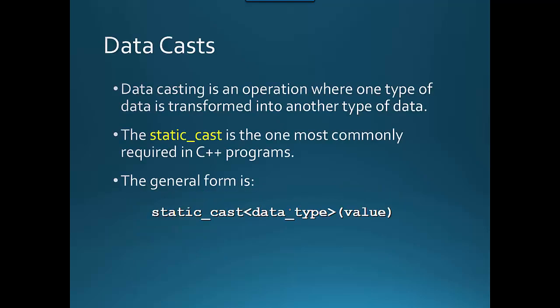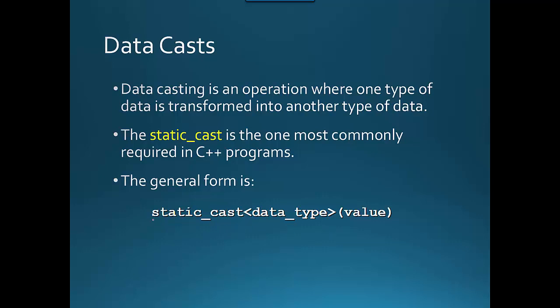Sometimes we will enter a situation where we will want to take a variable of one type and cast it into a different format before we assign it into another variable. And so in C++, we can use something called the static cast function to do that.